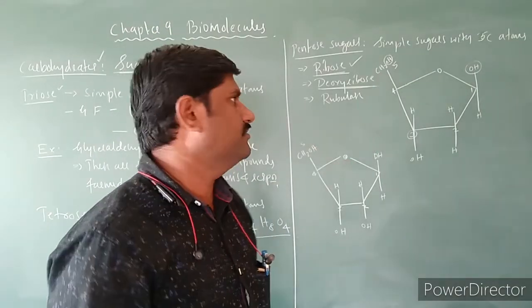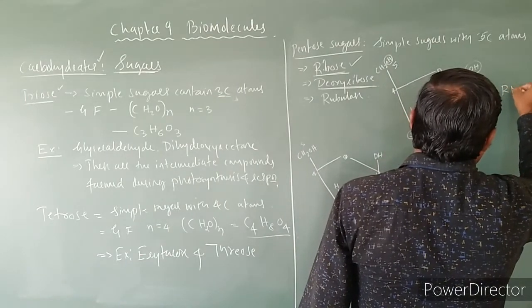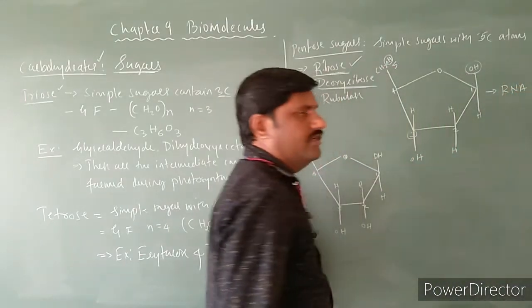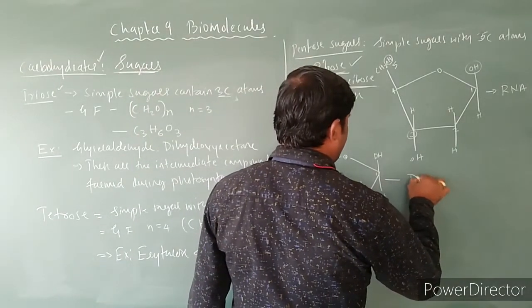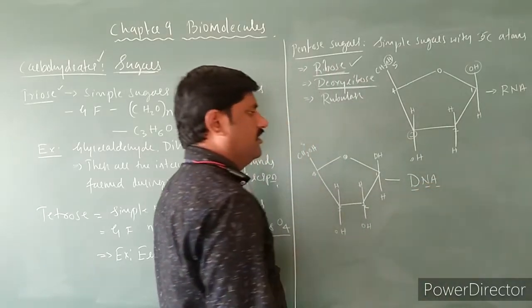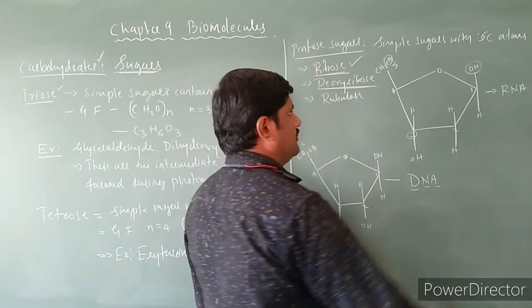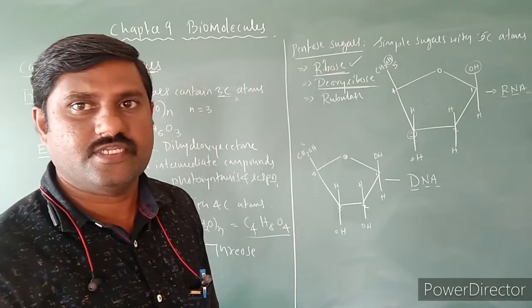These are very important. Ribose sugar is present in RNA, and deoxyribose sugar is present in DNA. Deoxyribonucleic acid and ribonucleic acid, right?